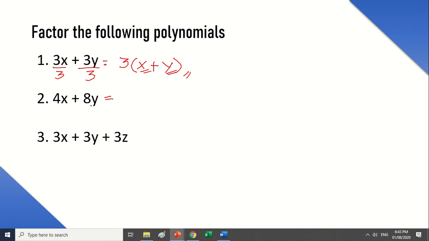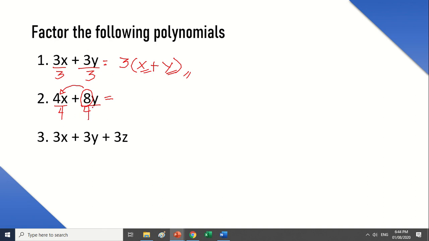Next, for 4x and 8y, what do you think is the common factor? Okay, for this one, we know that 8 is divisible by 4. So, meaning we can assume that both terms have a common factor of 4.